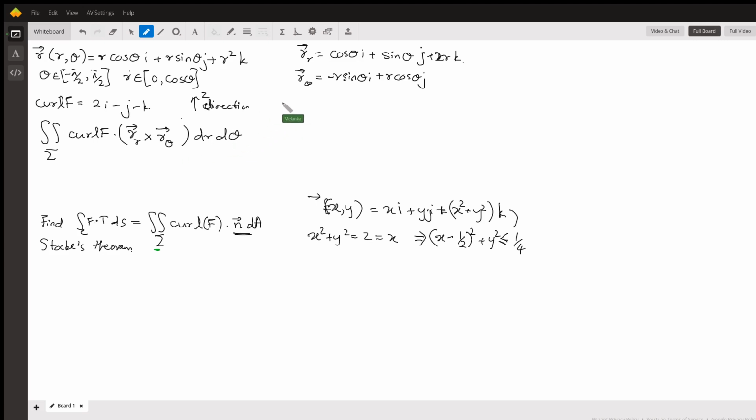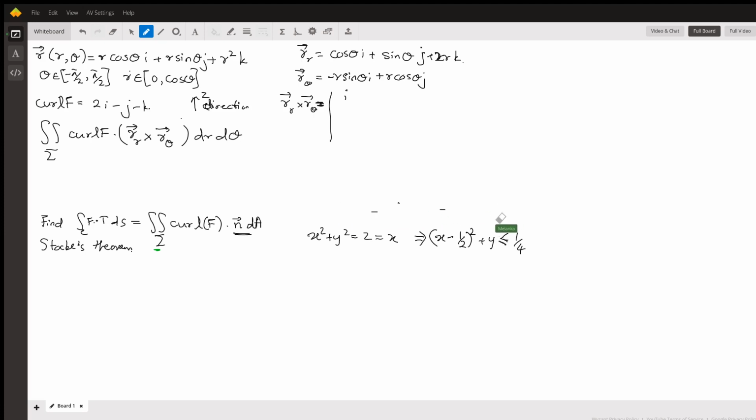And now we need to take the cross product of this. Sorry, this should be equals i j k. Let me write it out.